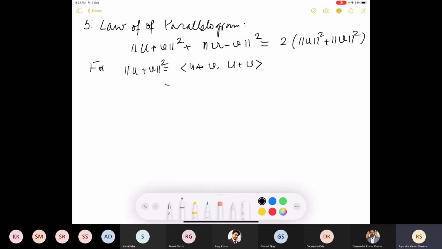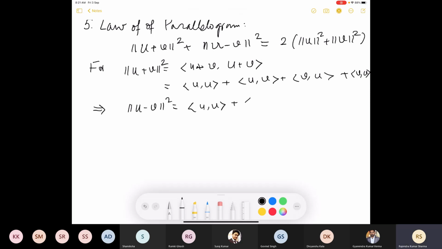And just now, if you see what we have done, this is u plus v with u plus v, expanded. And if you replace v by minus v throughout, then this also gives you the norm of u minus v square. So u will stay as such wherever it is u, and this is minus v.